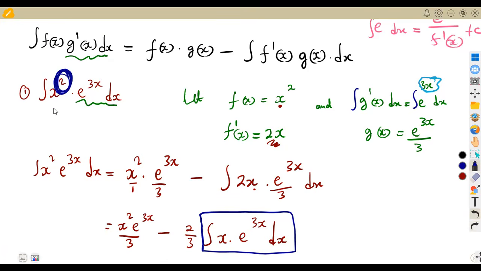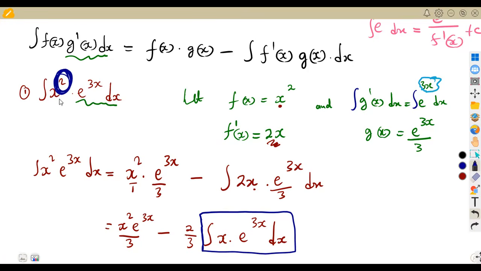Take note, the exponent on x represents the number of times you are going to apply your by parts method.